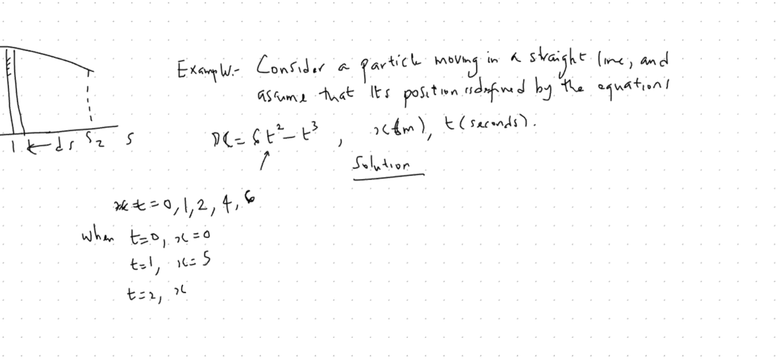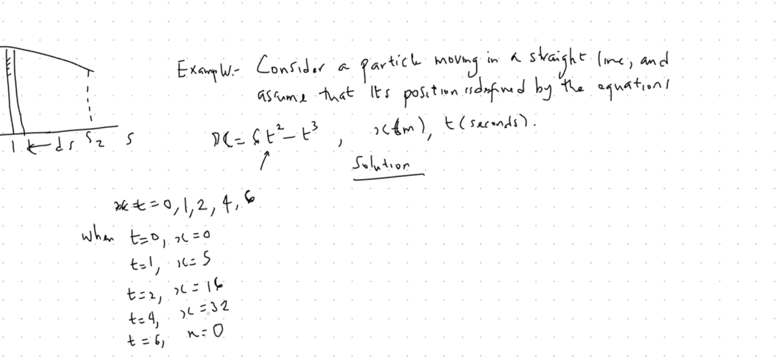Just substitute them into the equation. And when t equals 4, my x equals 32. Then when t equals 6, x equals 0. So let's plot the position time graph now.